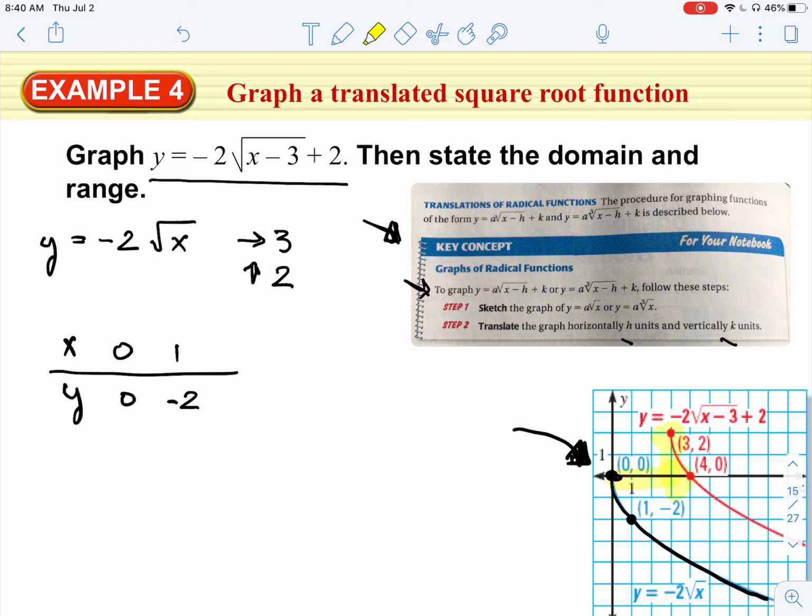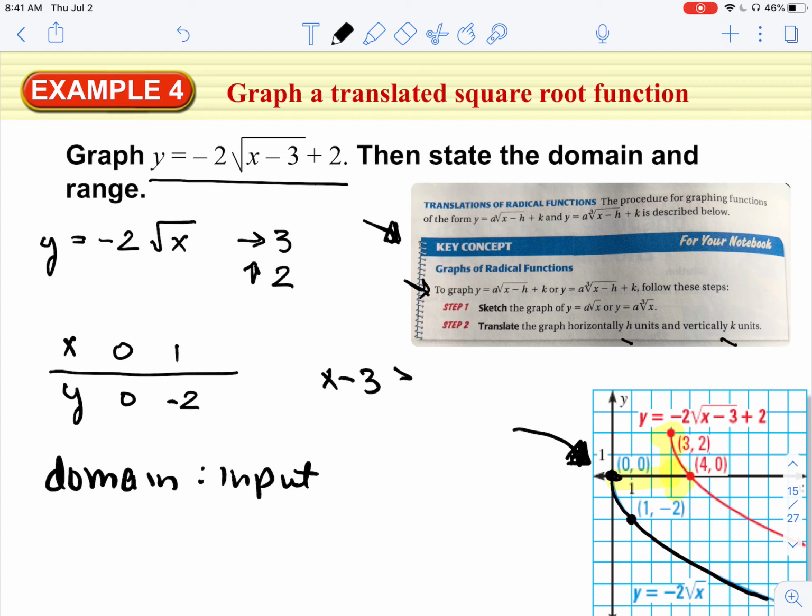But we do want to state the domain and the range, where the domain is the input. So that's everything that we can plug in to this value. And I know that underneath my radical, I have x minus 3.